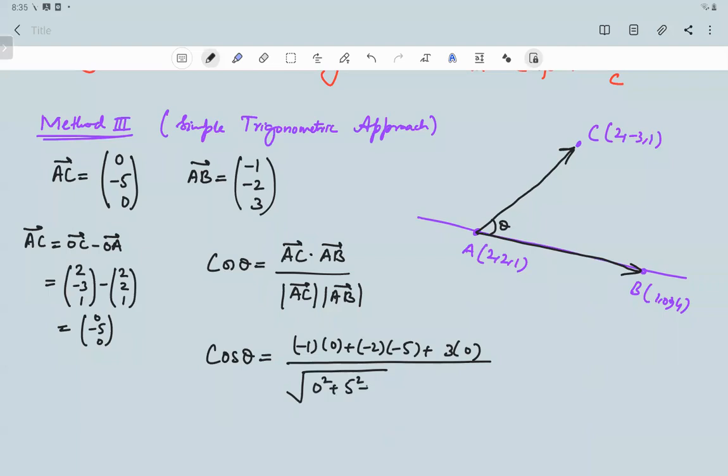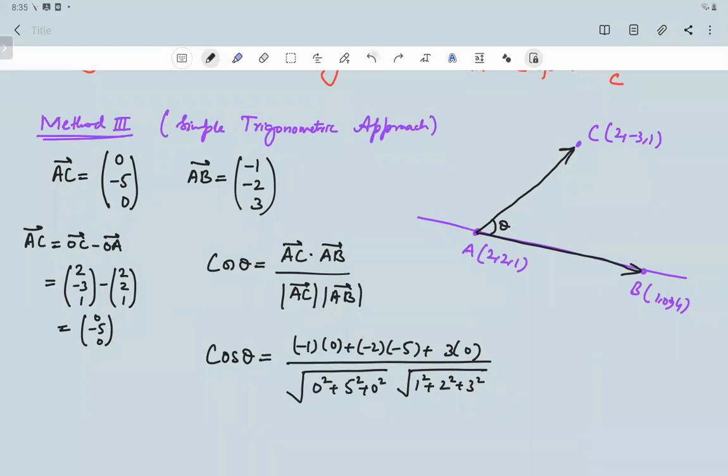You can see I have multiplied this value with this and I have written it over here. Then I have multiplied this with this, and finally this with this. And then the magnitude of this is written over here.